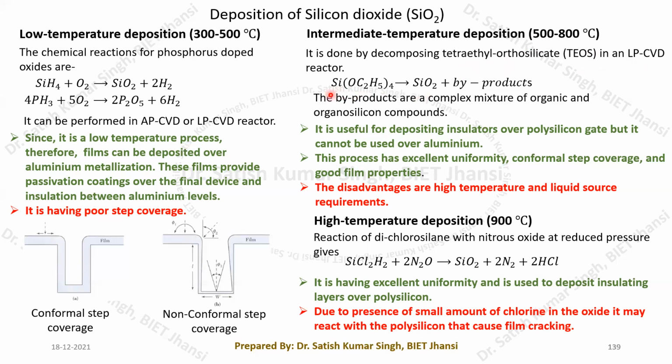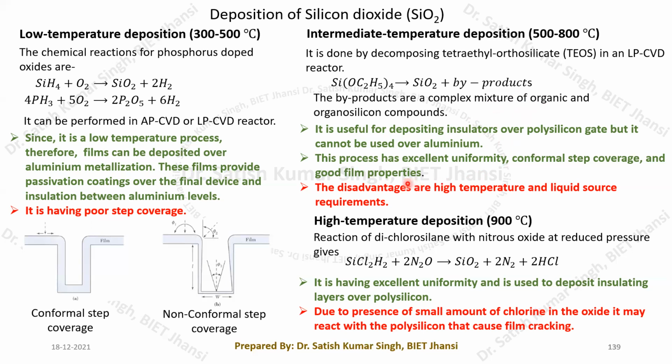This is the chemical formula of your TEOS, and after the decomposition of this TEOS, we are going to get the SiO2 layer, and there will be certain byproducts. These byproducts will be removed. It is basically a complex mixture of organic and organosilicon compounds.